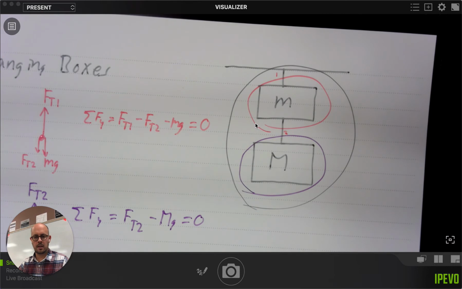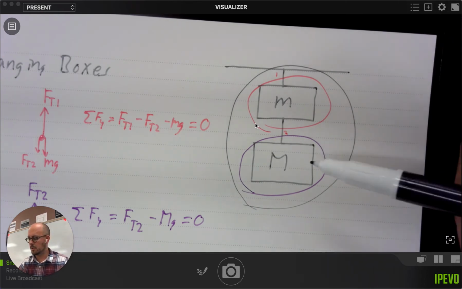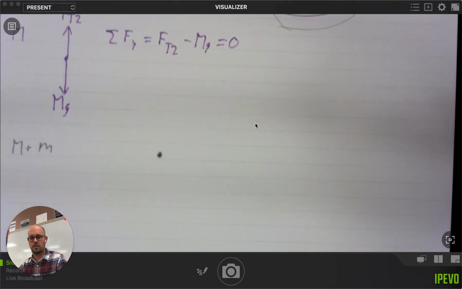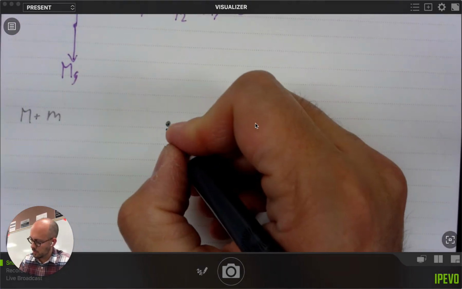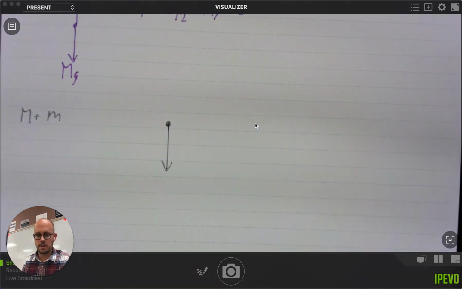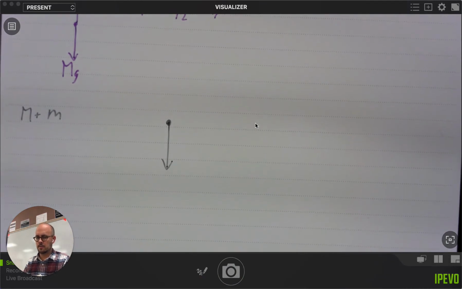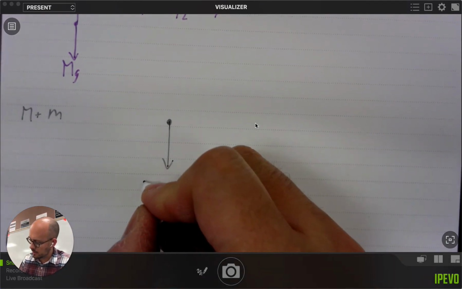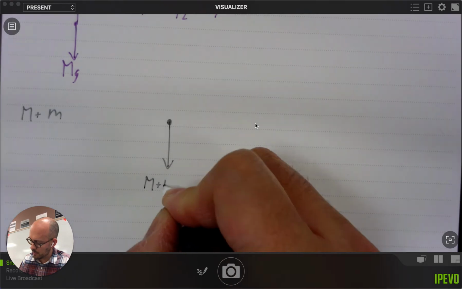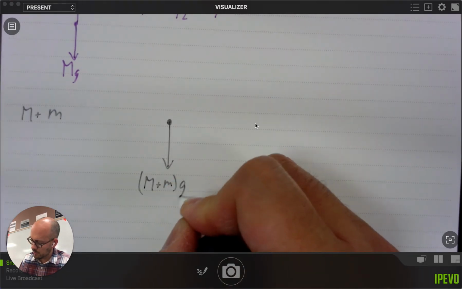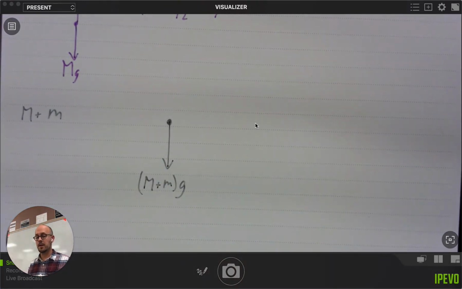So it can't appear on the free body diagram because it's an internal force. So gravity is the obvious choice. And this is kind of complicated because it's both of their masses times little g. So they have a combined mass, and so they have a combined force of gravity.